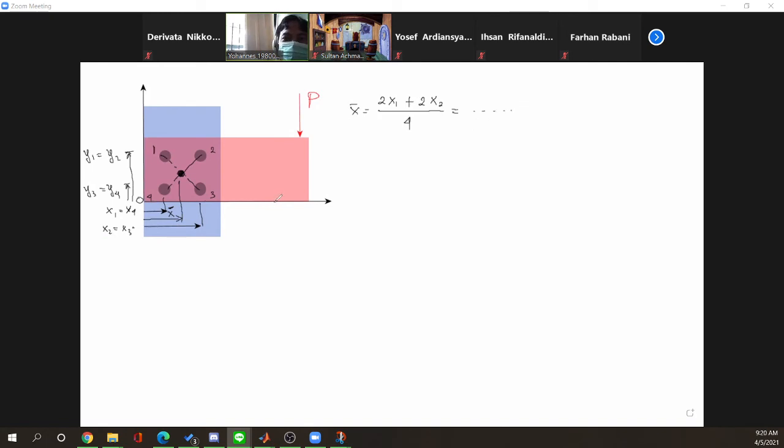So here we have x bar, and also for y bar, we have 2 rivets for this and 2 rivets in vertical. Okay, so using this equation, we can find the location of the center of joint, that is x bar and y bar.